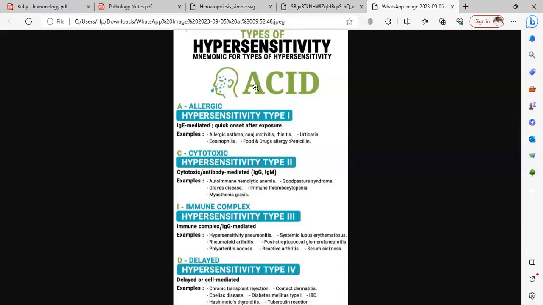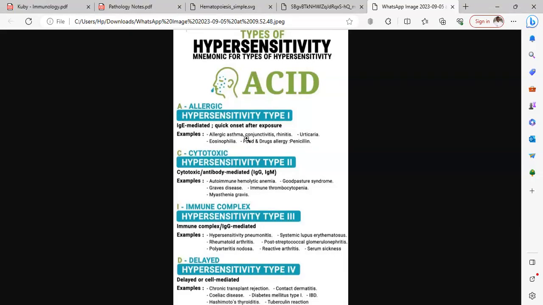You just write the word ACID. Type 1 A stands for allergic, type 2 C for cytotoxic, type 3 I for immune complex, type 4 D for delayed. You can use this to memorize and remember the 4 types of hypersensitivity reactions.